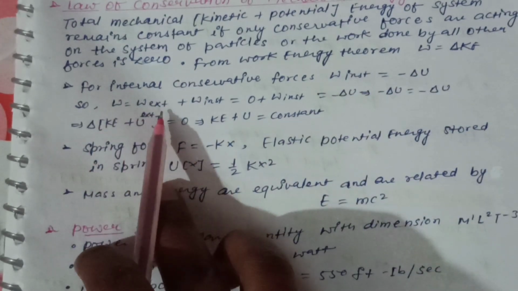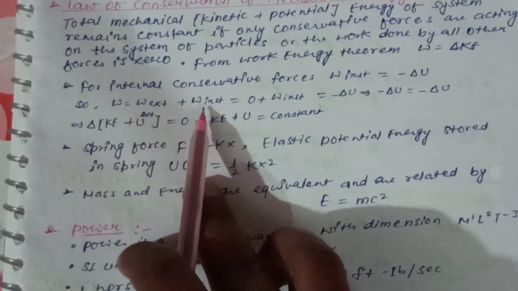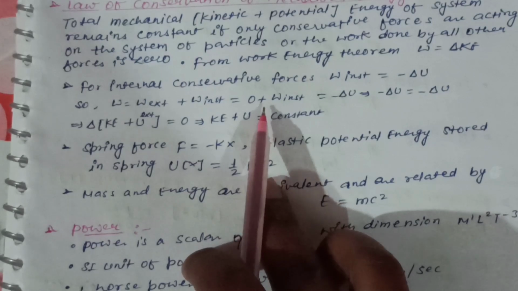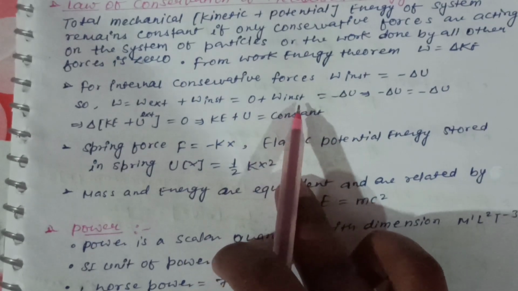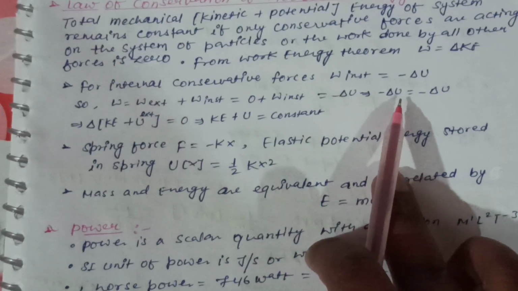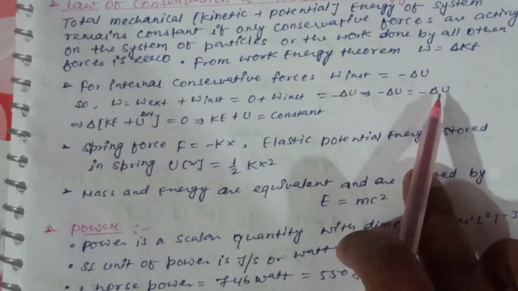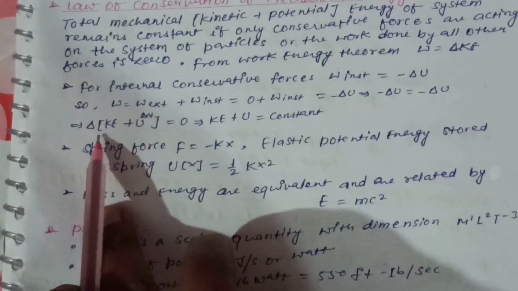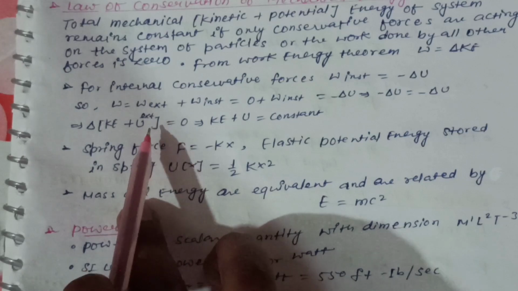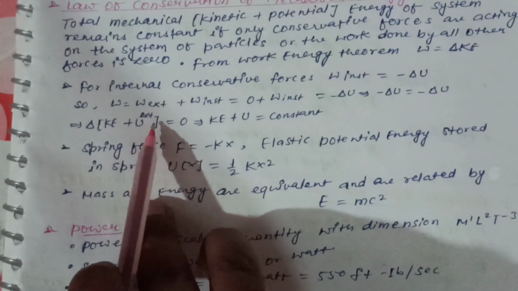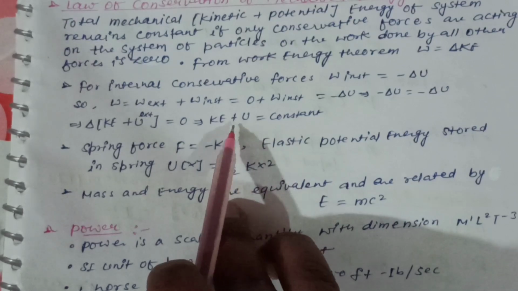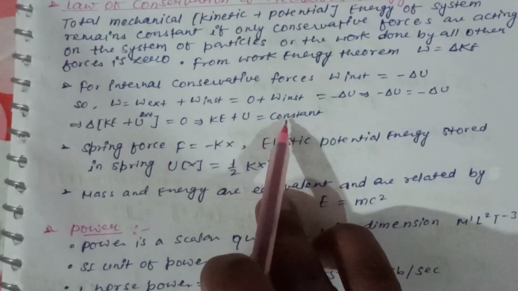So W = W_external + W_internal = 0 + (-ΔU) = -ΔU. Therefore Δ(kinetic energy + potential energy) = 0, so kinetic energy plus potential energy is constant.